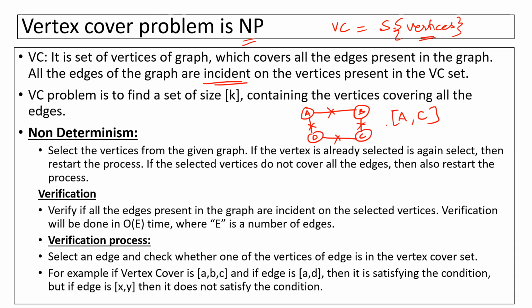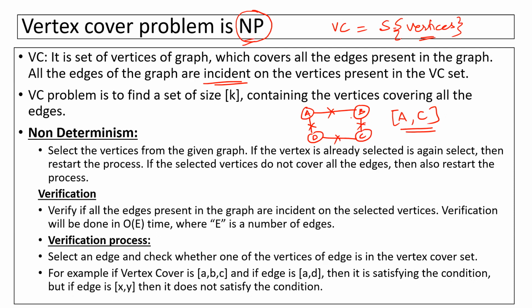So why is it NP? Because finding such a set is again time consuming. But once you find that set, if you can prove that the set is correct in polynomial time, then that particular problem will be called NP. Finding the set is very difficult, but proving whether that set is correct or not is very simple.